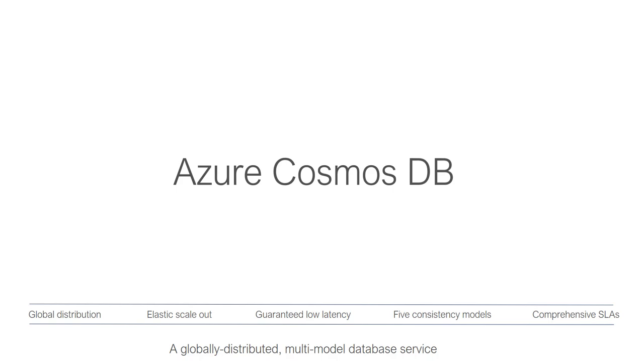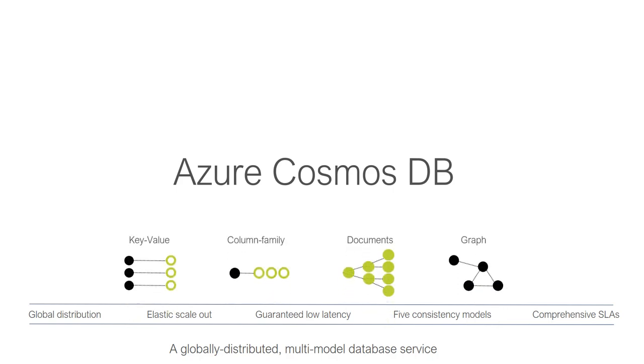We built the platform with these core capabilities, and on top of this we built a multi-model database. As you can see, in this database you can keep different kinds of data: key value, column family, documents, or graph.